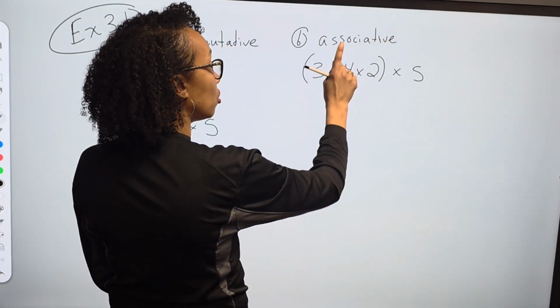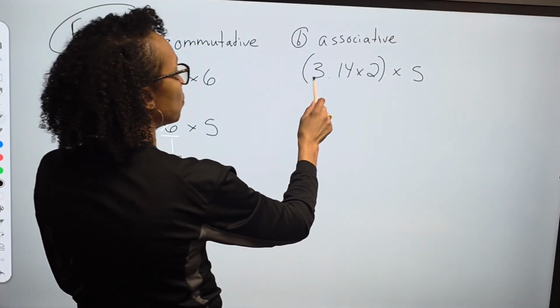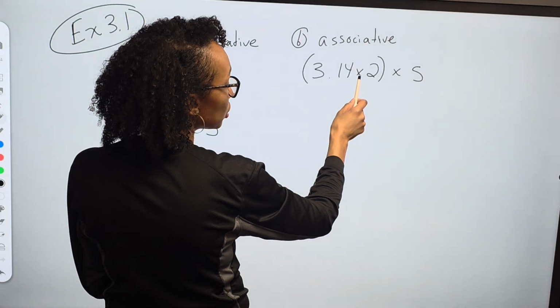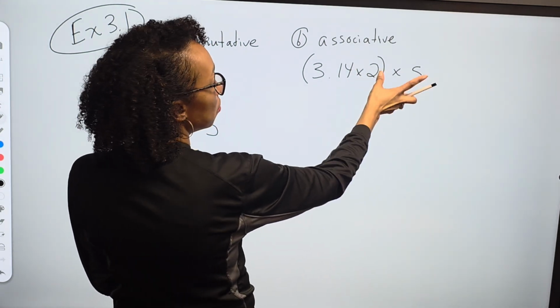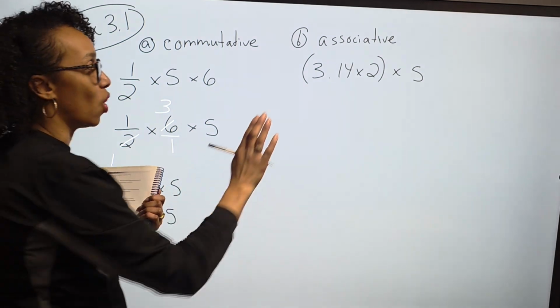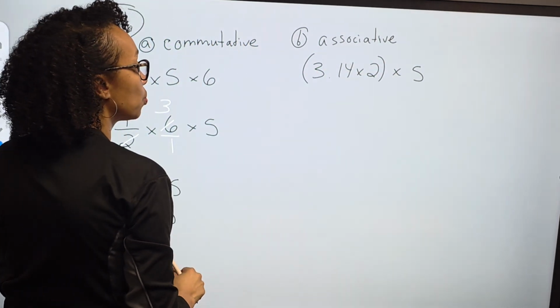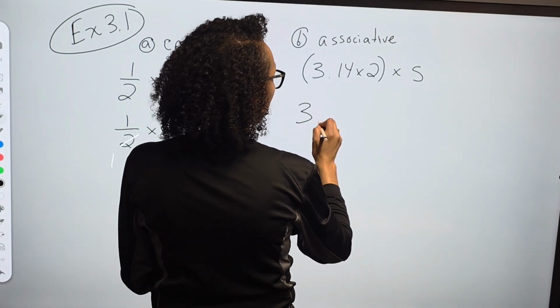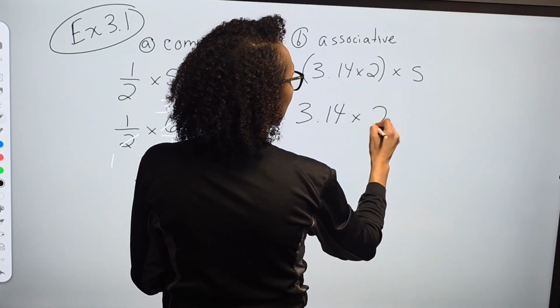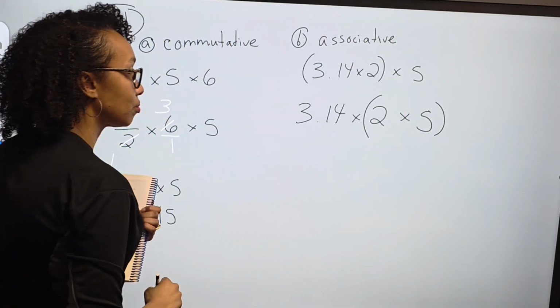So therefore, I can use the associative property and say, rather than multiplying 3.14 times 2 first, I would rather multiply 2 times 5. Now again, this only works because it's all multiplication and it falls in line with our associative property. So we can say 3.14 times 2 times 5, like this.